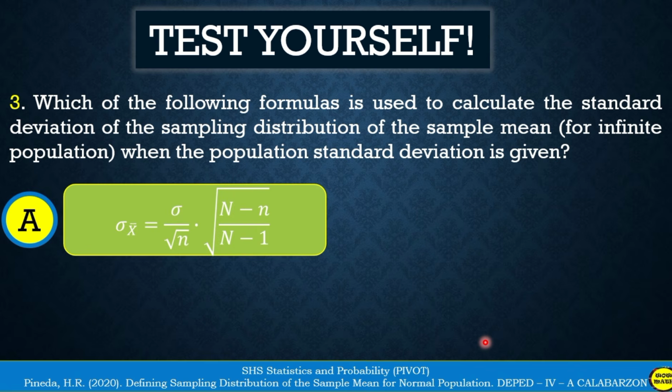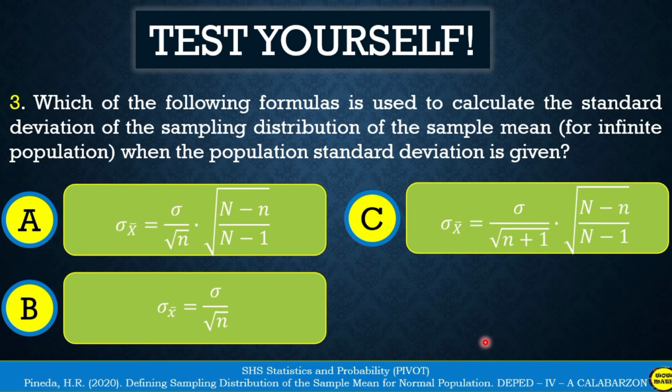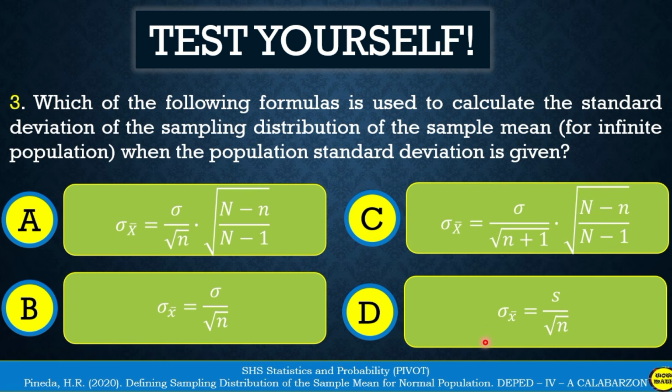Letter A, using that formula. Letter B, using that formula. By the way, yung sinasabing standard deviation of sampling distribution, that is also the standard error. Baka malito kayo. Letter C using that formula and letter D using this formula.